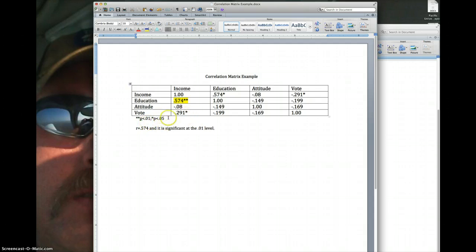Now, another correlation that's significant is this one, the relationship between income and vote. That correlation is a negative 0.291, and it is significant at the 0.05 level.